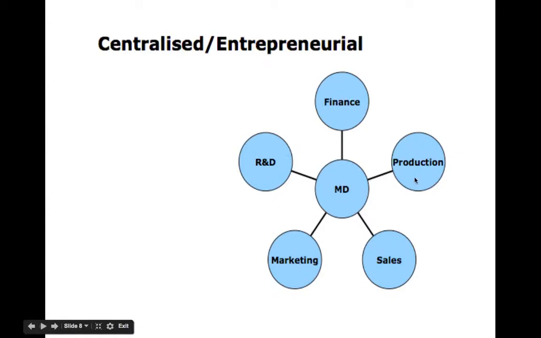These are all decisions and decision making, and it's all focused on it. It allows the business to have a clear channel of communication, because if they all go to one, it's easier. For example, everything is connected to the managing director here: the finance, the production, sales, marketing, R&D, all of it.